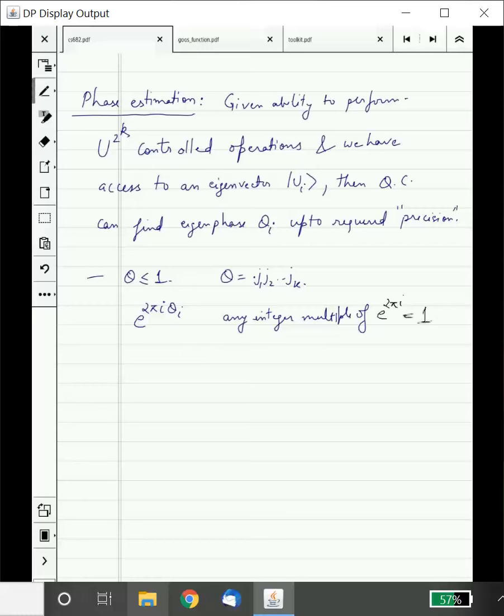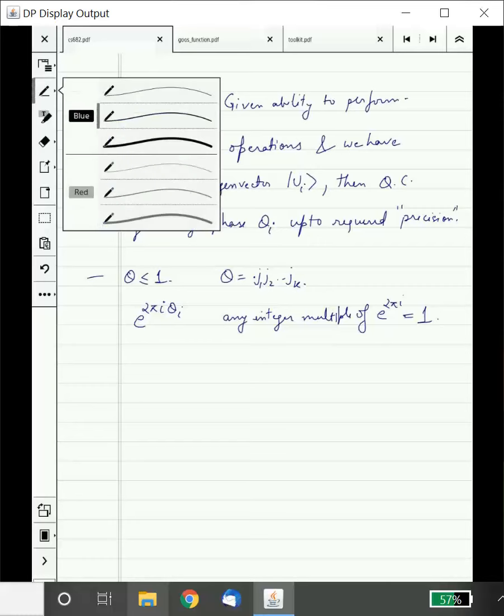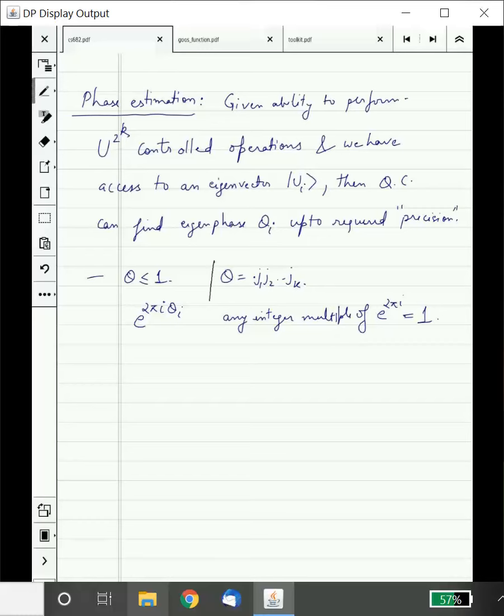That means I can only worry about the part which is less than 1. So I can say that my theta looks like this. This will be the binary expansion of theta after the decimal point. In general, I can say that my problem is to find theta up to k decimal places.